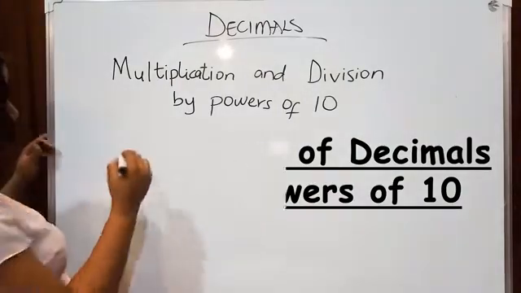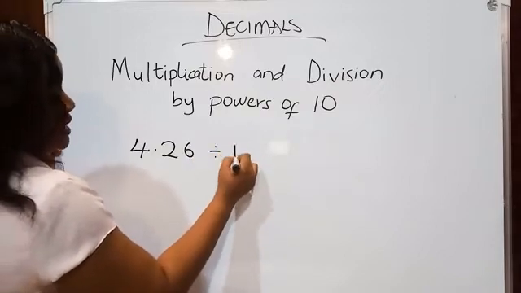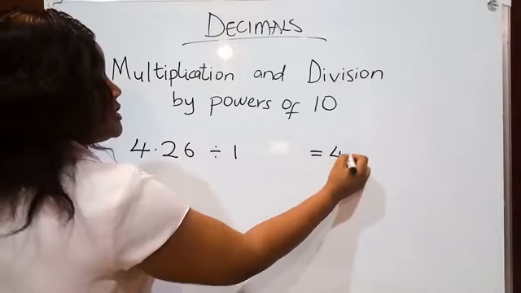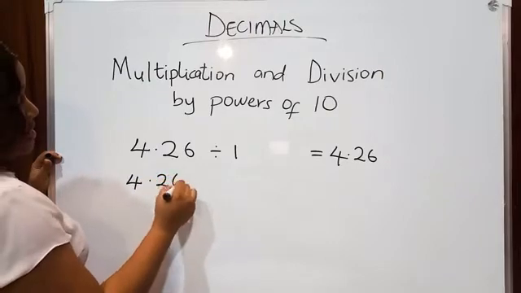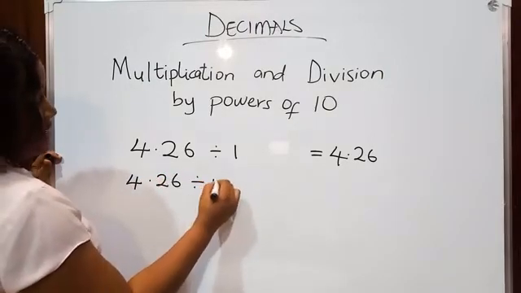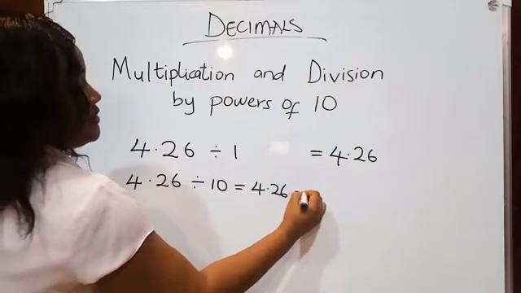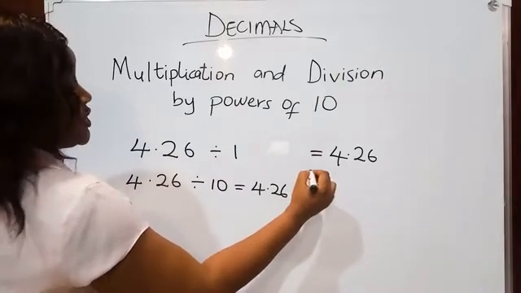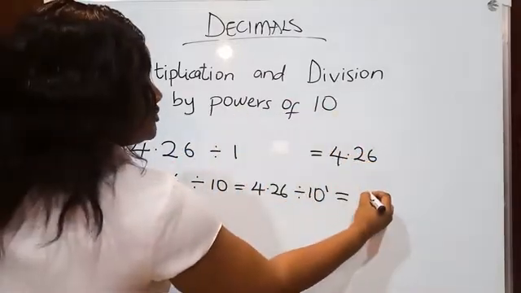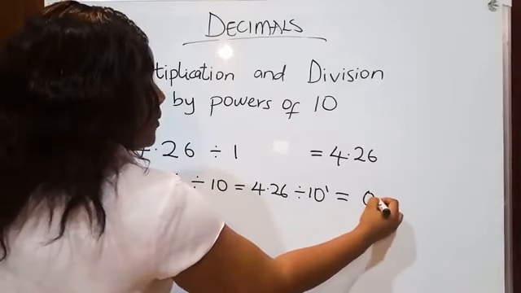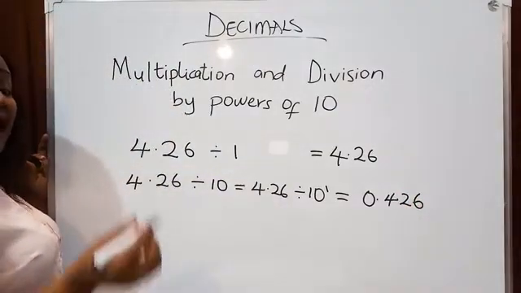Okay? You have 4.26 that we worked with earlier, divided by 1, gives us the same answer, 4.26. Then you have 4.26 divided by 10, which is equal to 4.26 divided by 10 raised to power 1, which equals 0.426. This time our decimal points are going backwards.